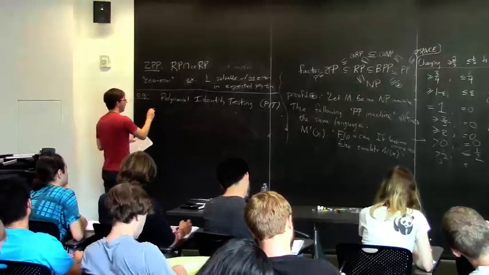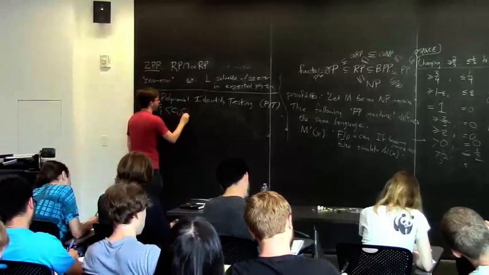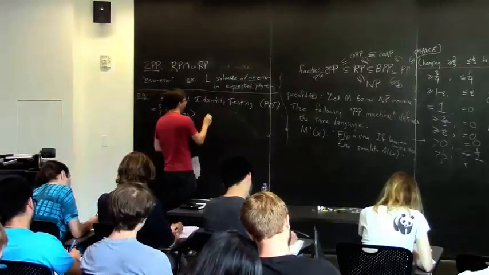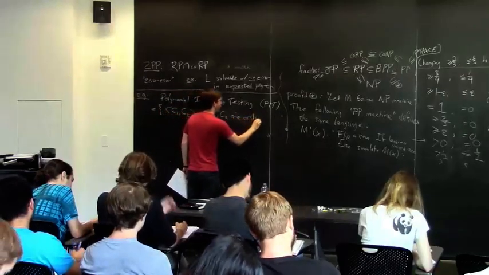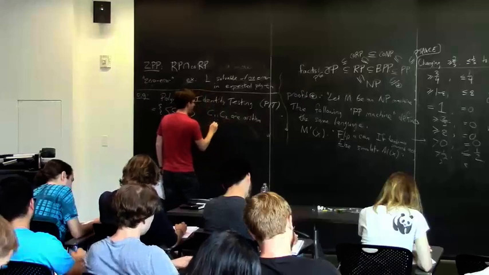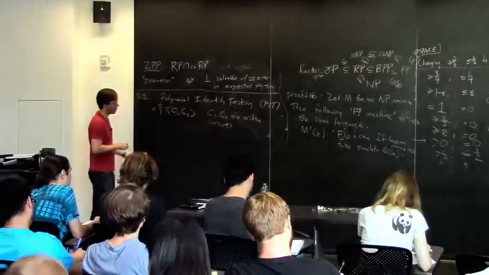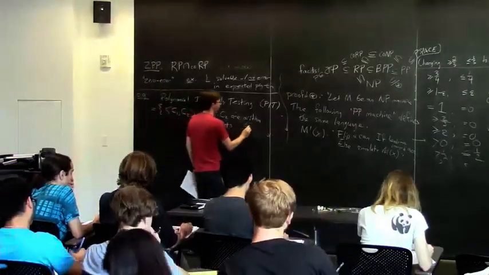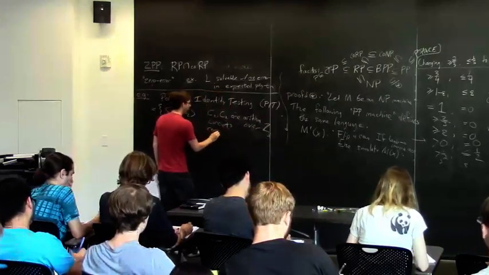So it's the language of all pairs of circuits, C1 and C2, but not Boolean circuits, arithmetic circuits. I'll say what that is in a second. But basically, circuits that have plus, times, and minus gates rather than AND, OR, over Z, the integers, computing the same function.